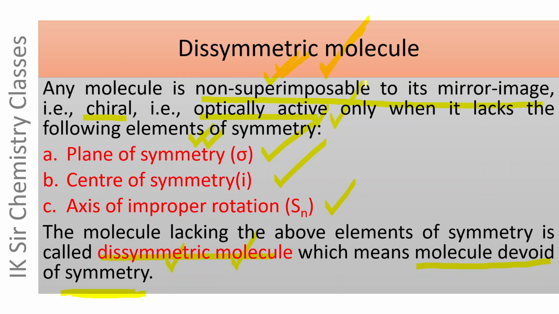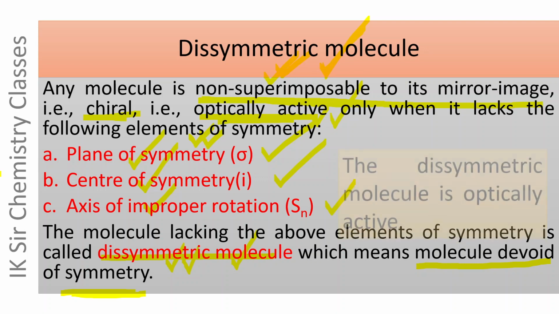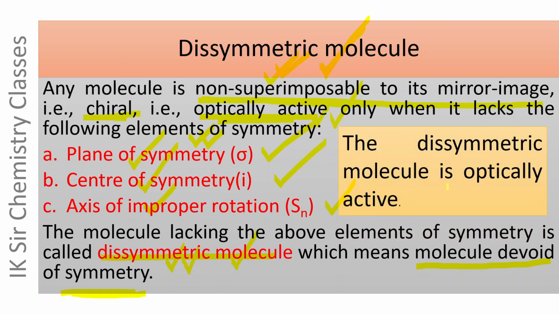Let us see it again. The molecule which does not contain plane of symmetry, center of symmetry and axis of improper rotation is called a dissymmetric molecule. It is chiral, non-superimposable to its mirror image and optically active. It must be noted that the dissymmetric molecule is optically active.